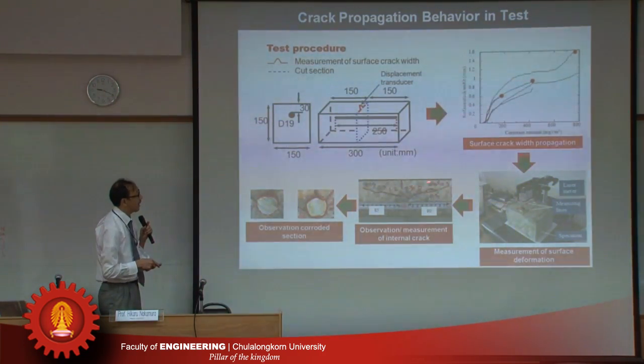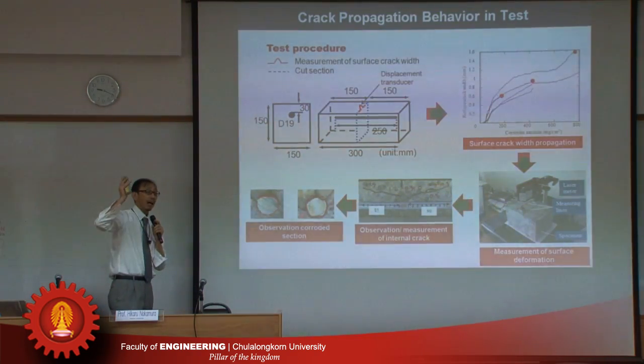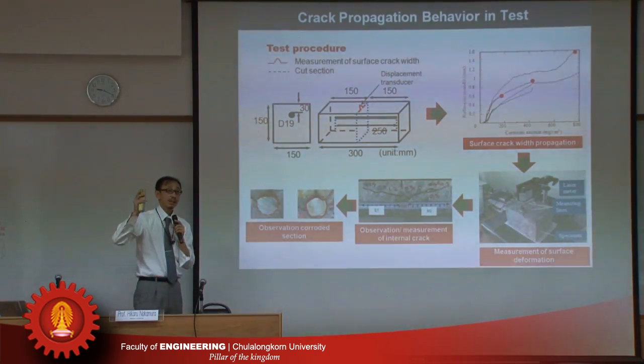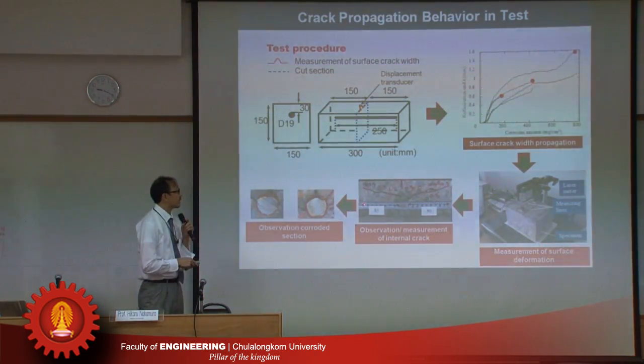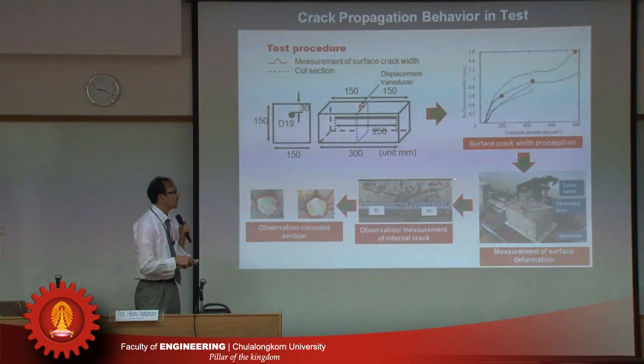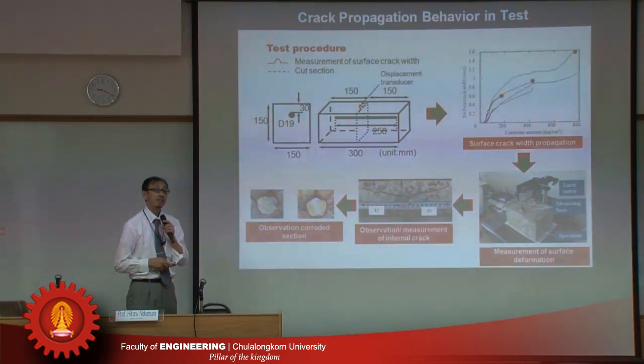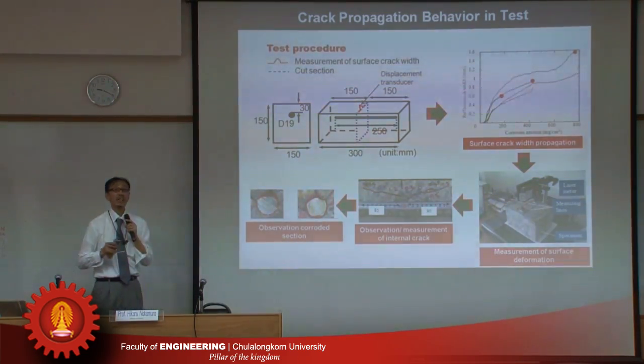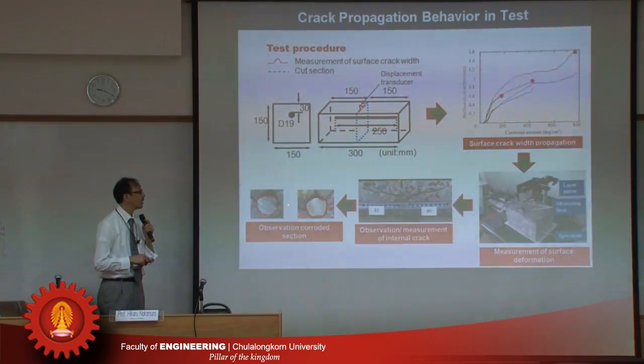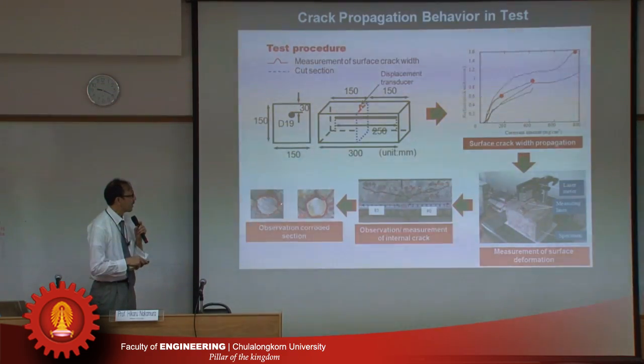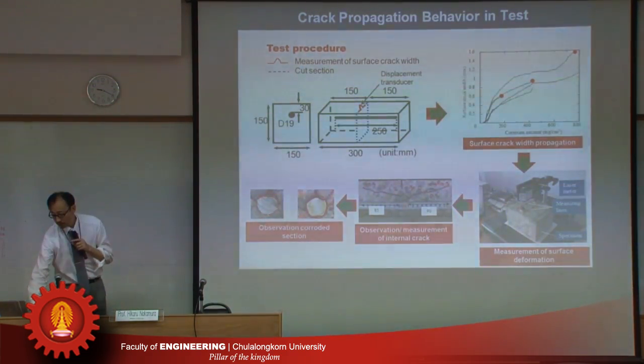After the test, we cut the specimen and measured the internal crack. What kind of internal crack occurs inside the specimen? And we also observe the corroded section of the rebar.